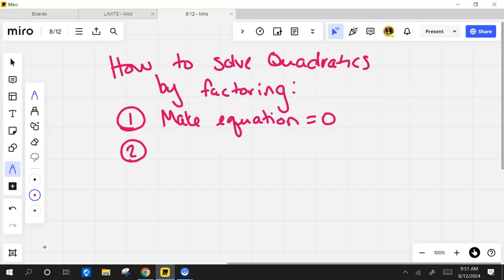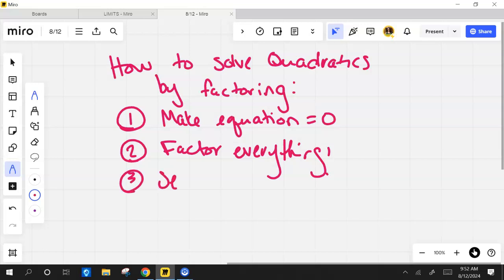The second thing that we do is we factor everything. And then we set the factors equal to 0 and solve. So 3 steps, super easy.